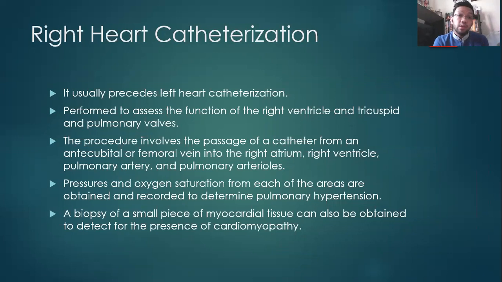Take note, when we're talking about the right side of the heart, veins are going to be used. For the left side of the heart, arteries are going to be used. But let's start first with the right side. So antecubital or femoral veins are used into the right atrium, right ventricle, pulmonary artery, and pulmonary arterioles.